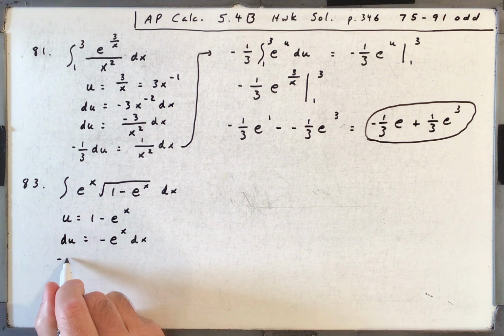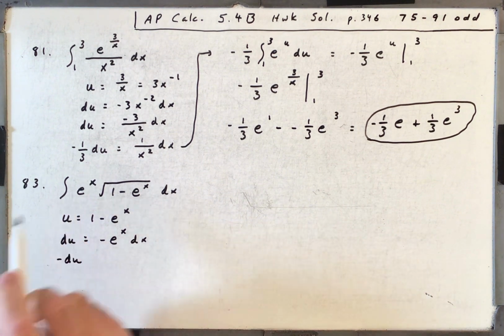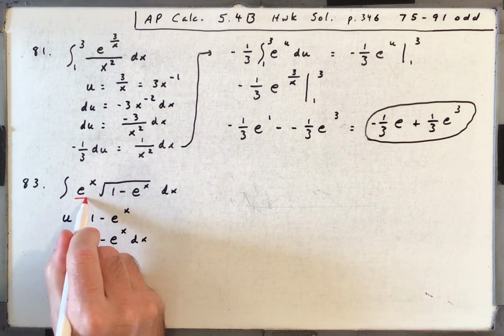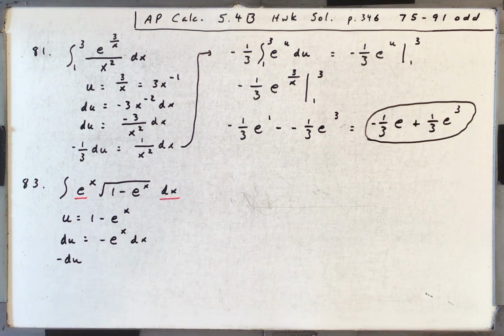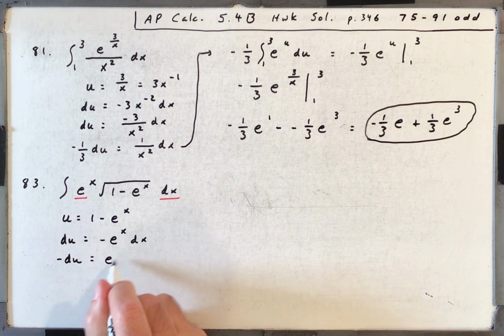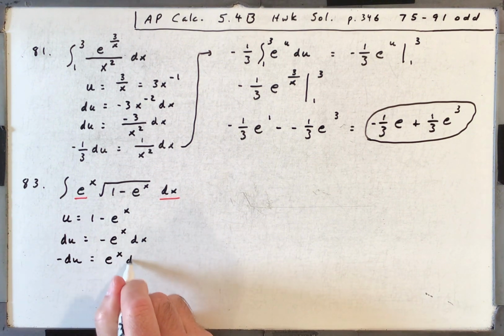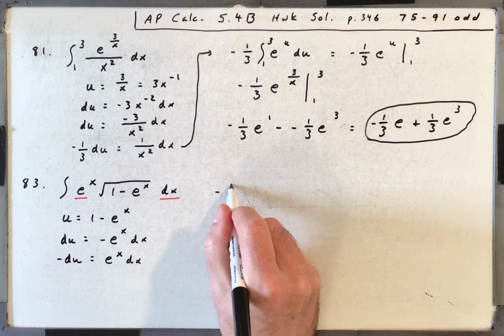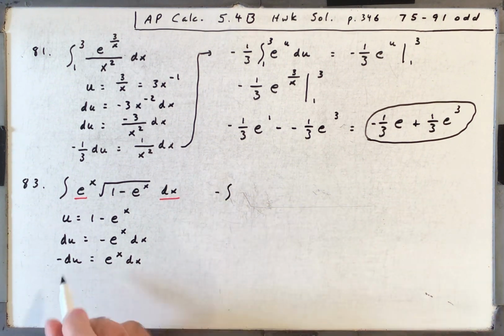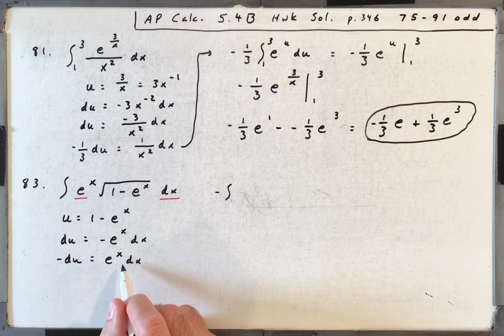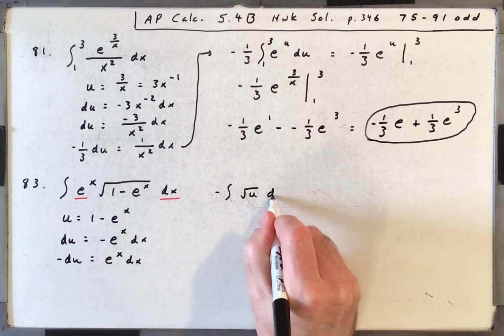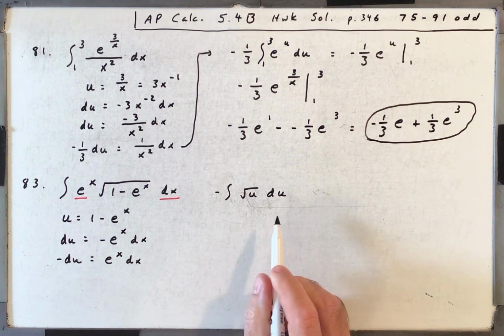And then minus du, we want it to be e to the x dx. Right? So we want it to be e to the x times dx. So minus du is e to the x dx. And we can rewrite this integral now with a negative out front, and it would be just the square root of u du.